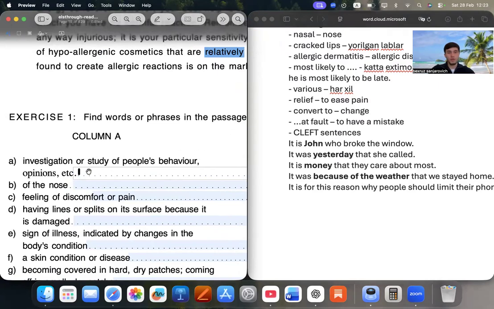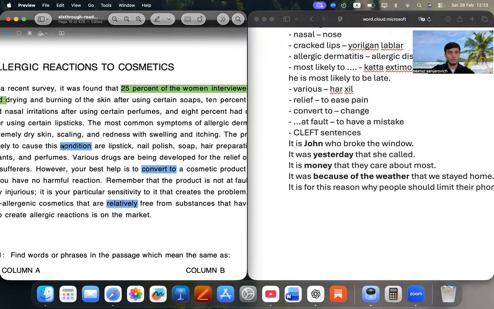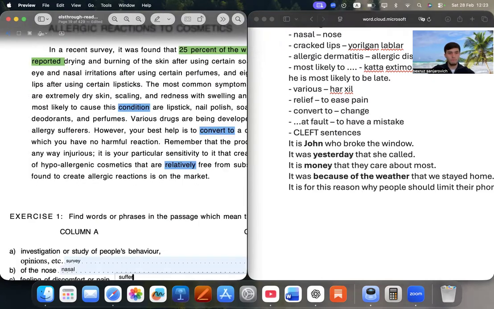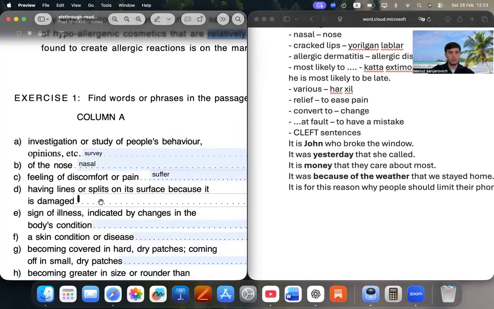Investigation or study of people's behaviors. That's survey. Of the nose, nasal, feeling of discomfort or pain. Is it suffer? I think it's suffer. Having lines or spots on it because it's damaged. Correct.